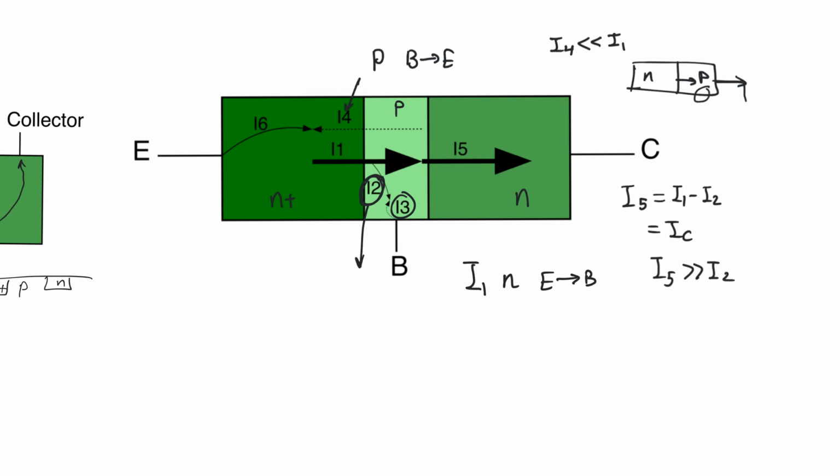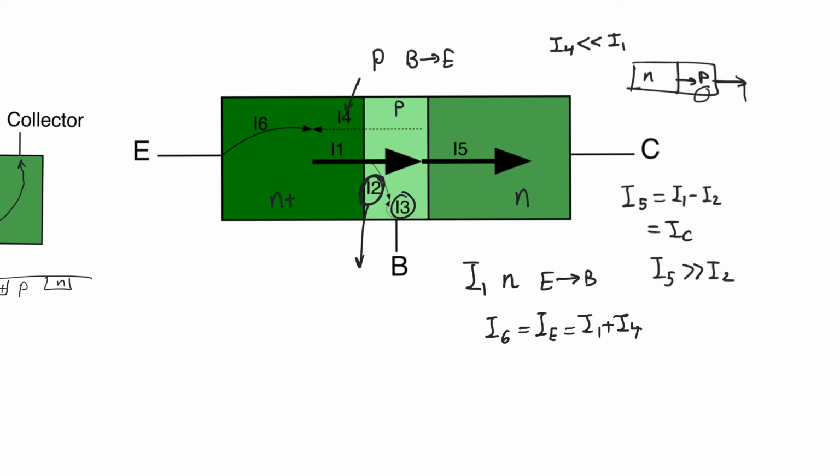Now there are two current components that we haven't looked at yet. Actually just one, which is I6. So what is I6? I6 is actually the emitter current, and it is formed as the summation of I4 and I1.